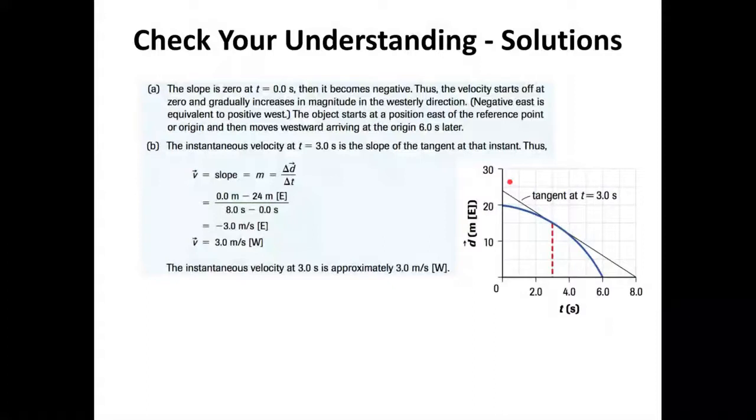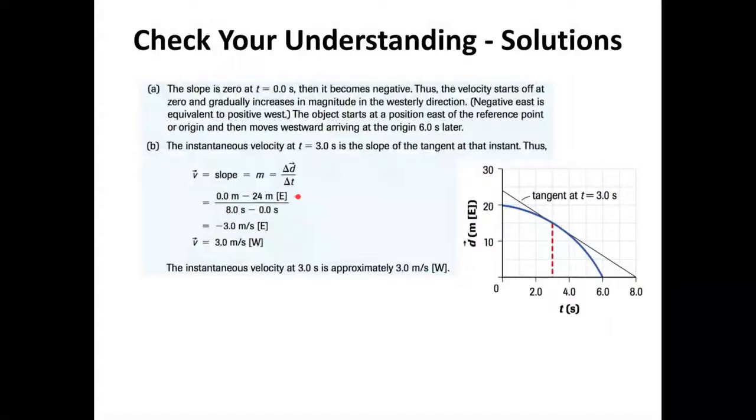Okay, so that would be the initial y, 24, the initial x, 0, and then the final y is 0, and the final x is 8. Change in y over change in x is the slope, which is change in position over change in time. That's the units you're going to get, meters per second.